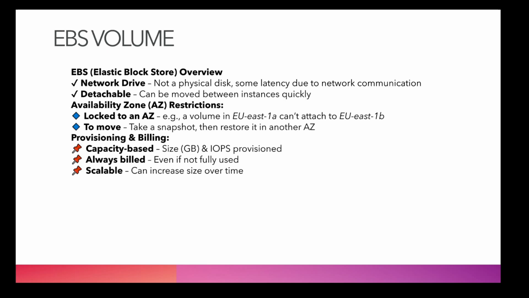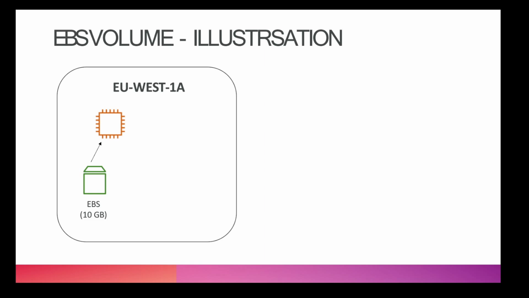So, how does this all come together in a diagram? Picture this. We have one EC2 instance located in the US East 1A availability zone, which can be linked to a specific EBS volume. If you decide to launch another EC2 instance, remember that an EBS volume cannot be simultaneously attached to more than one instance, adhering to the basics covered at the Certified Cloud Practitioner level.